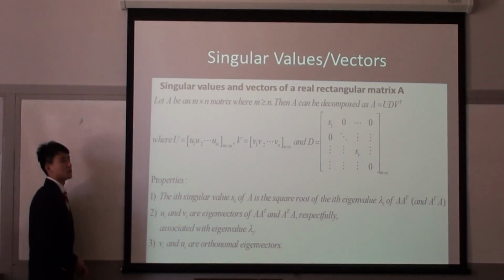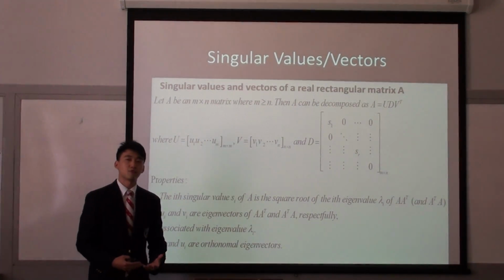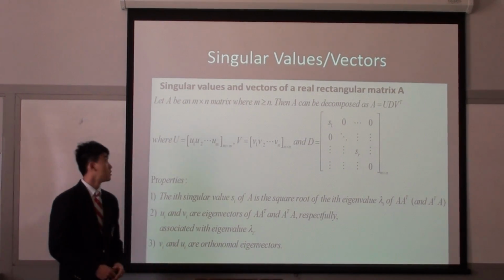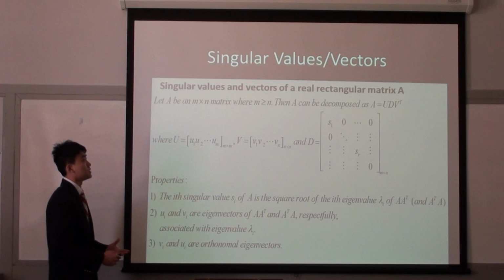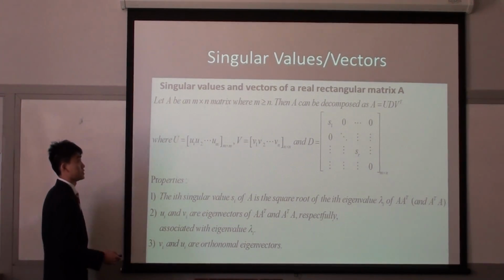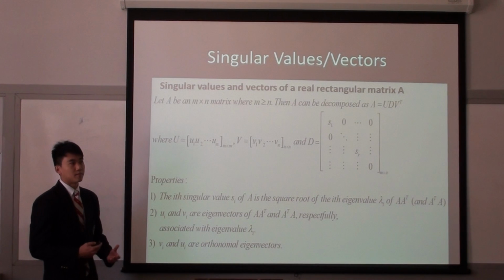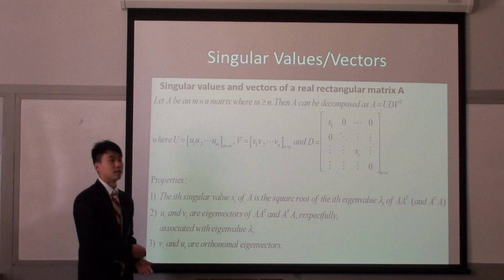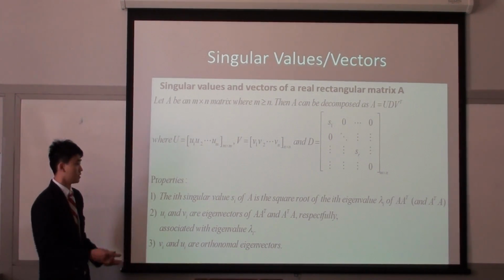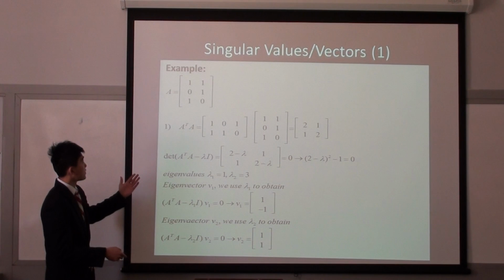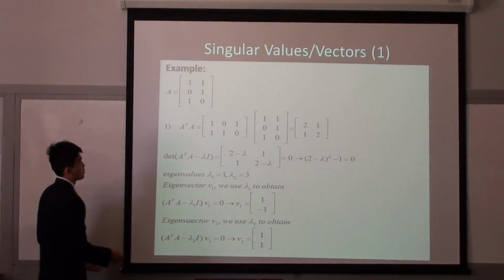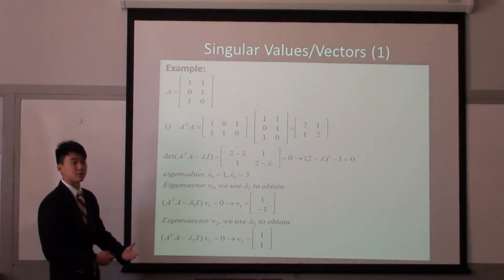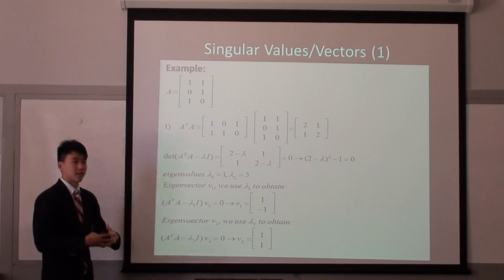For a non-symmetric matrix, which is a matrix formed by 2 by 3, 3 by 4, 5 by 6, a non-square matrix, we use a different way to decompose it, called singular value decomposition. It's basically the same way as the previous eigenvalue and eigenvector method, but it has 2 more steps. Here's some examples. We did it twice. We form it into 2 different symmetric matrices, and then we find the eigenvalues and eigenvectors, and then we combine them together.